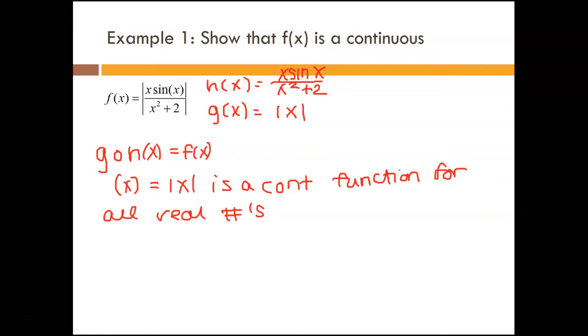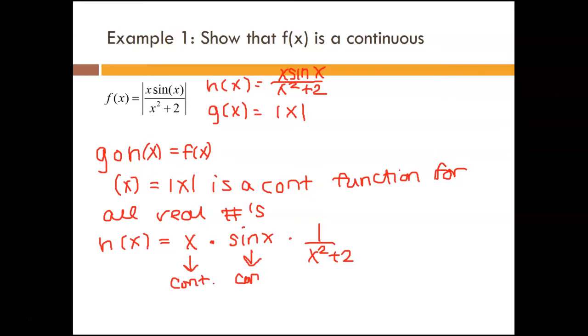And then again, what I basically just said is h of x is really equal to x times sine x times 1 over x squared plus 2. And we know that x is continuous because it's linear.